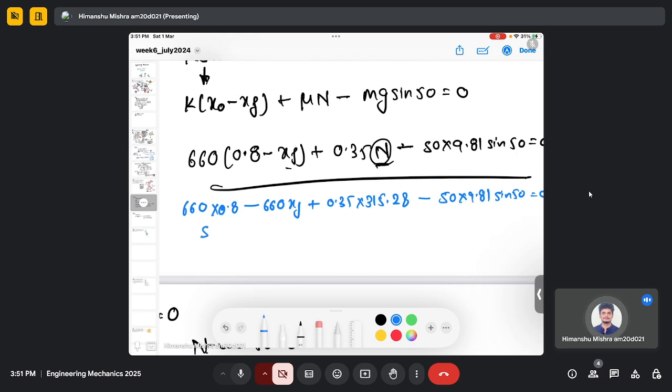So this will be 528 minus 660 xf plus 110.348 minus 50 multiplied by 9.81. So this is 375.744 equals 0.